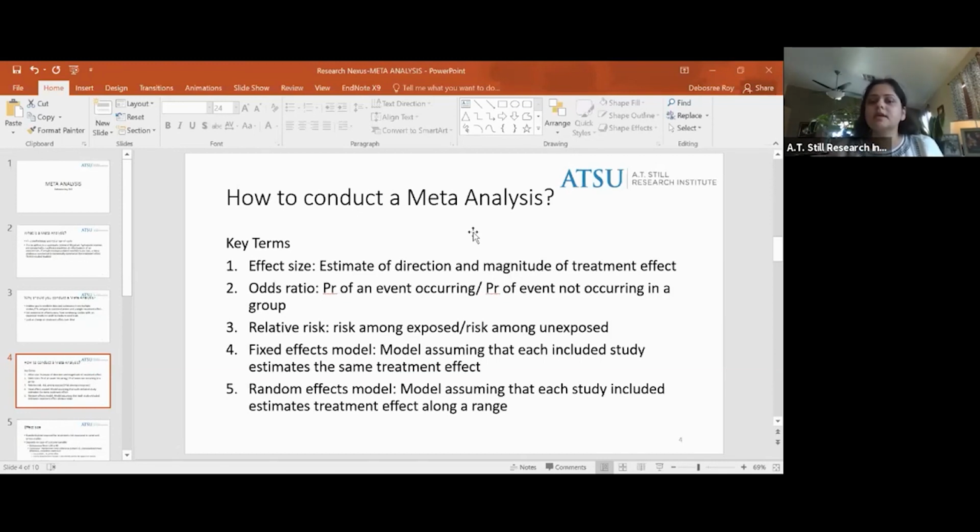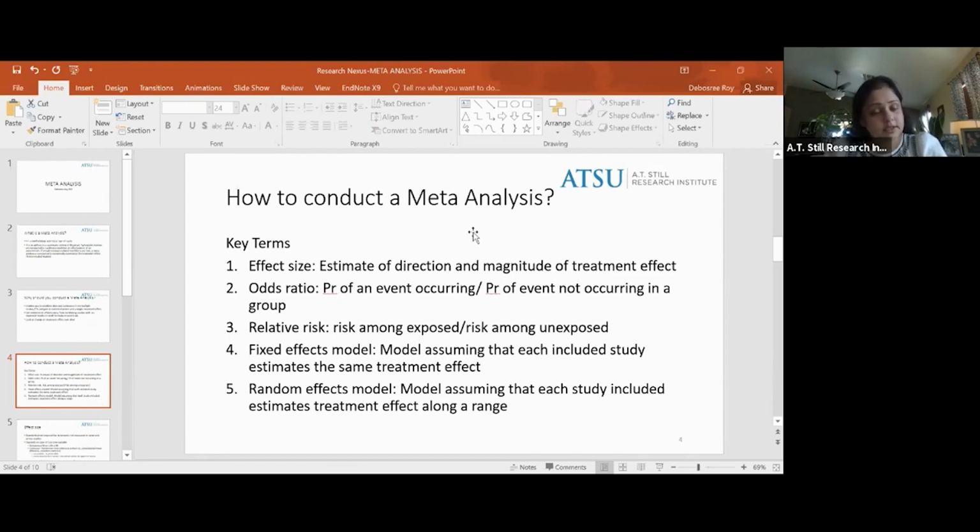All the outcomes in all the studies you have included have to be the same, and the treatment has to be the same, and the control has to be the same if you are looking at trials or at comparative effectiveness between two interventions. So let me go through the key terms that we use in conducting an analysis. The effect size is an estimate of direction and magnitude of treatment effect.